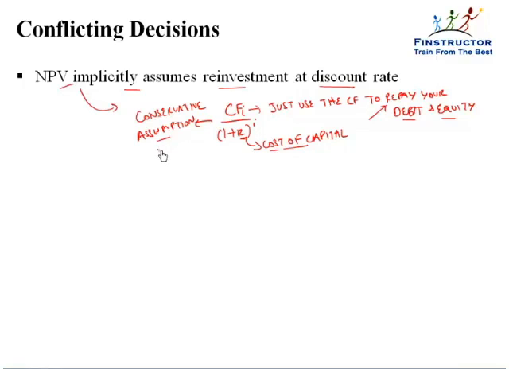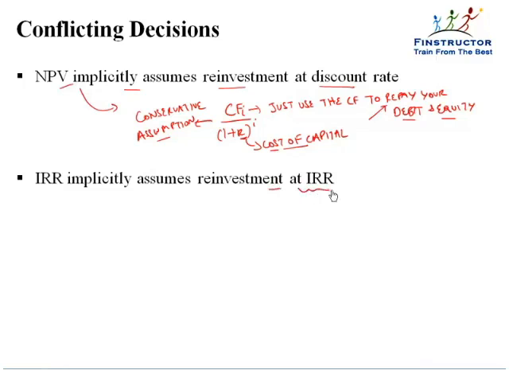Whereas, what does the IRR assume reinvestment at? It assumes reinvestment at the IRR because each cash flow is discounted back by the IRR. So the assumption is that whatever is the IRR, the reinvestment will also happen at that IRR, which may or may not be available.